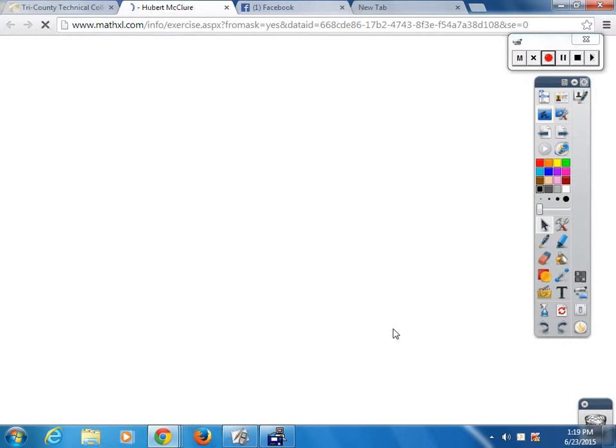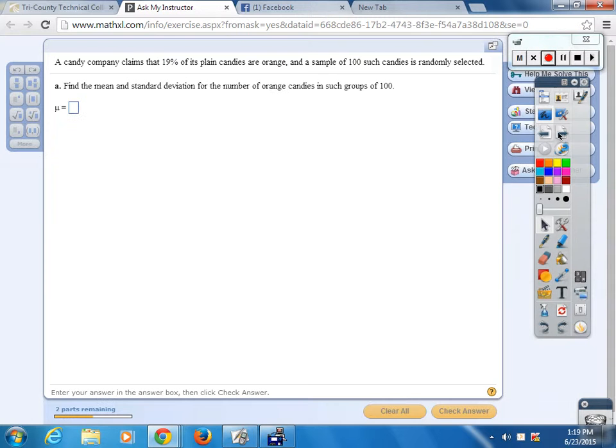So here we go. Oh no, it's the 100 M&M question. Better get the calculator out because you can't do it without the calculator. Find the mean and the standard deviation for the number of candies in each group, or each such group of 100.